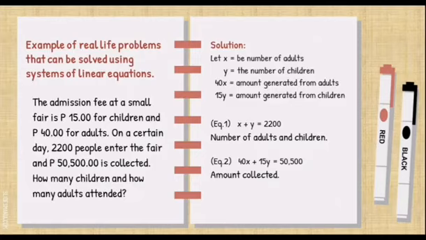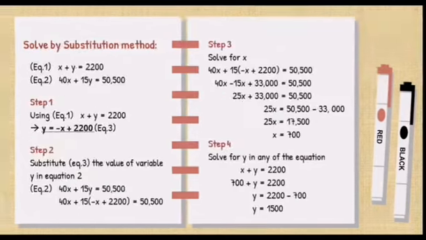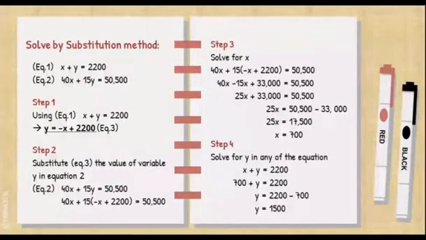So for equation 1, we have to add X and Y. So X plus Y equals 2,200. This is the number of adults and children. For equation 2, 40X plus 15Y equals 50,500. This will be the amount collected. Solve by substitution method.